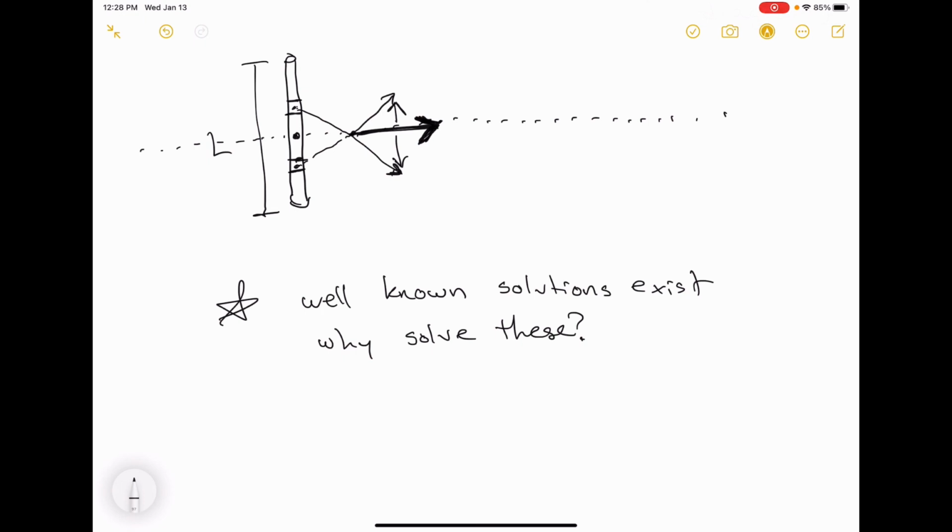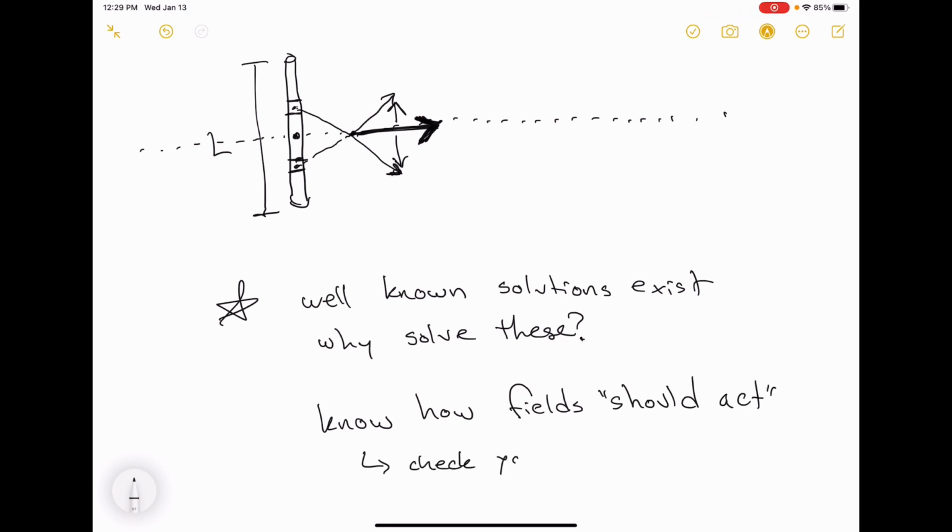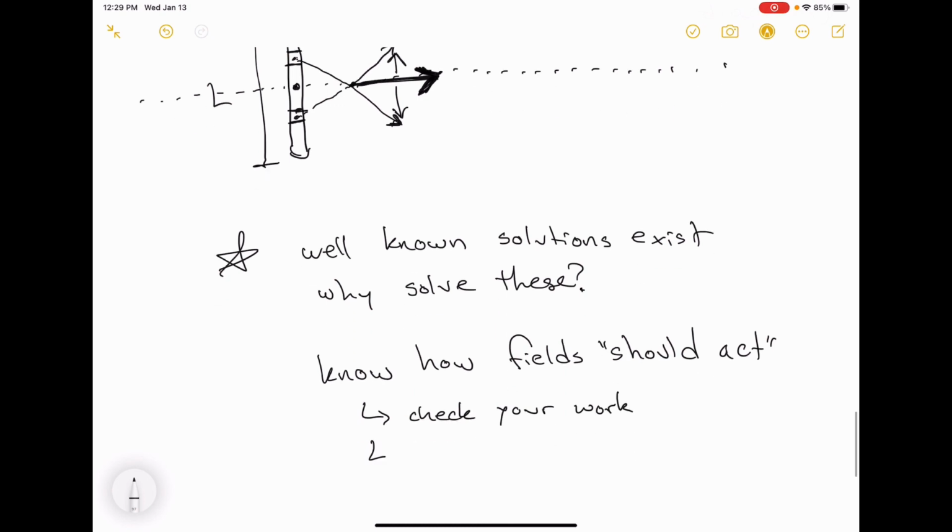electromagnetic problems, so that you'll have internalized how you think fields should act. And that lets you check your work, interpret computer results, and do design.